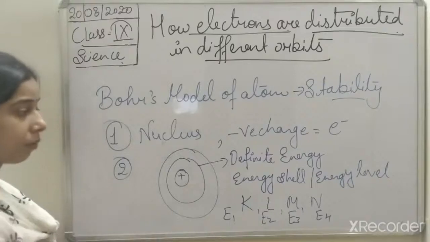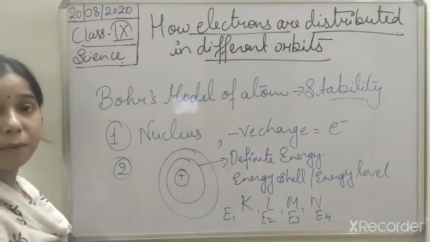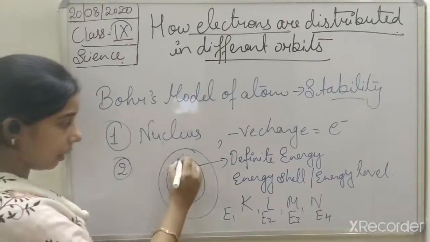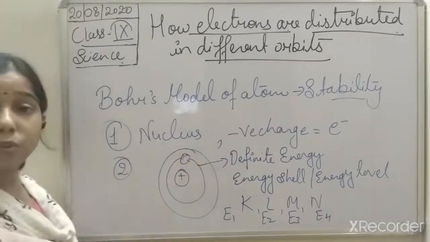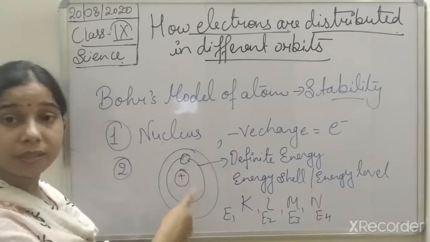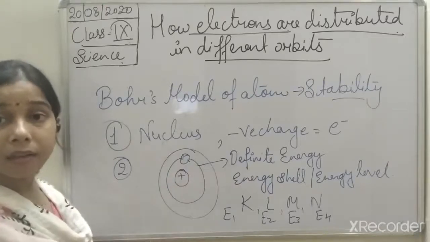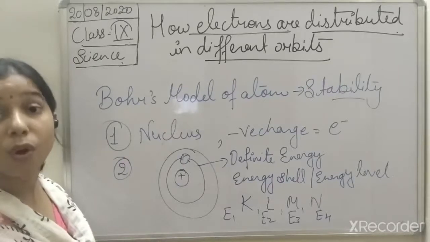Okay, but here these electrons are present in a certain orbit. If it is present in the first orbit, it will rotate around the nucleus in the first orbit, the K shell orbit, and here it will not lose or gain energy.